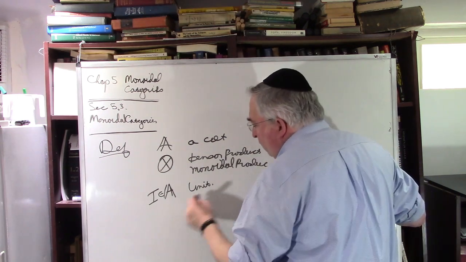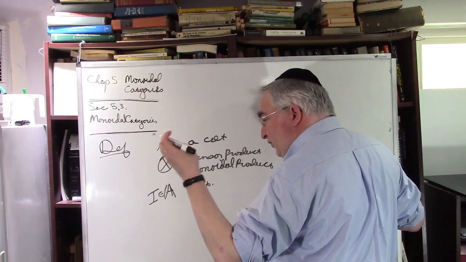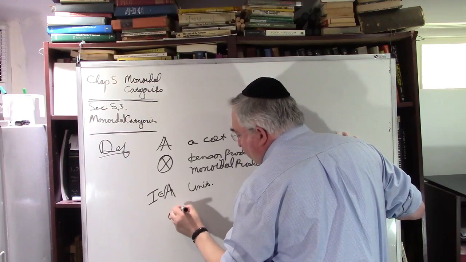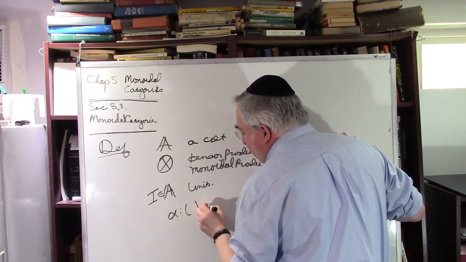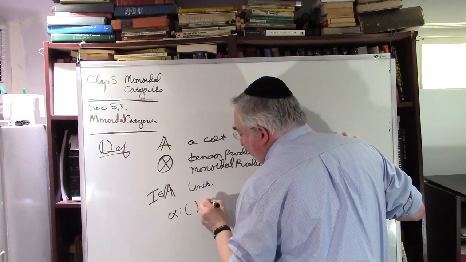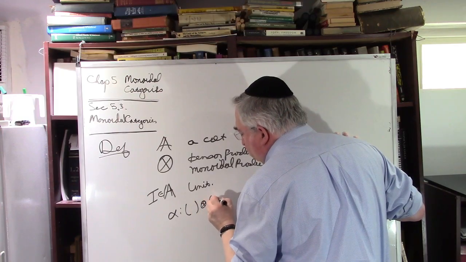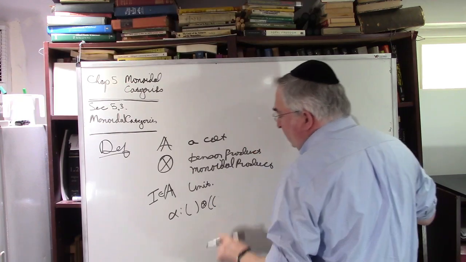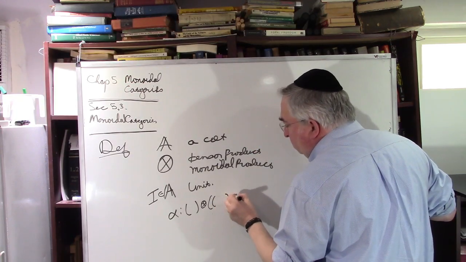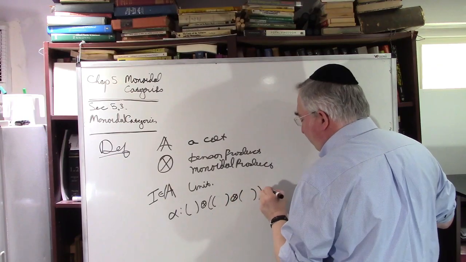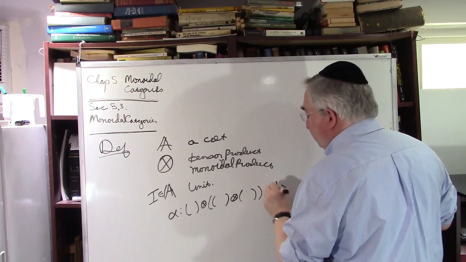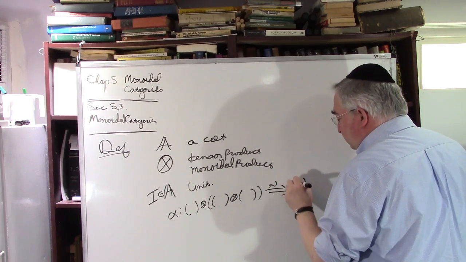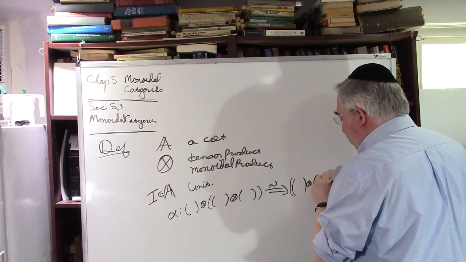But now we have requirements. We're going to list off 3 different natural transformations. So alpha is going to be a natural transformation which takes 3 elements. It's going to be a natural isomorphism.